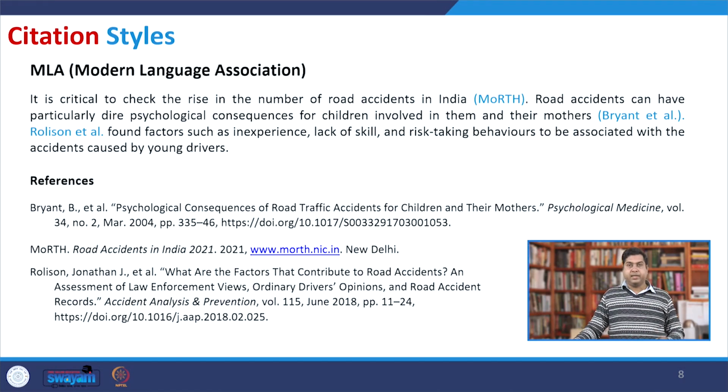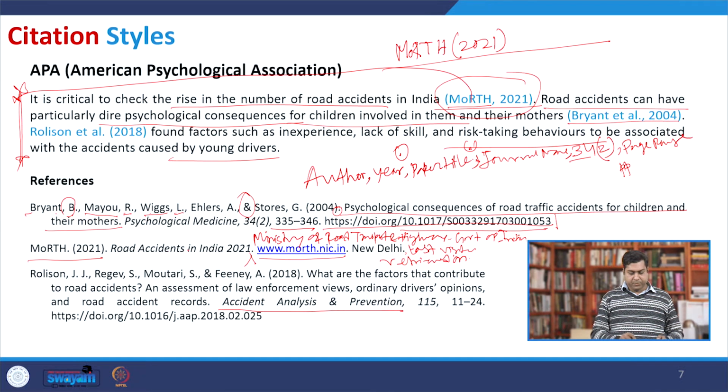Coming to the MLA style, the context remains the same. In this case also, you see that there is no year mentioned in the citation, and in this particular referencing style there are certain changes, where the year is now coming after the publication detail, before the page number. If you see the previous one, here it is author, after that you have the year of publication.